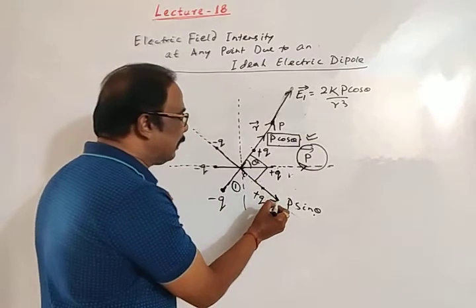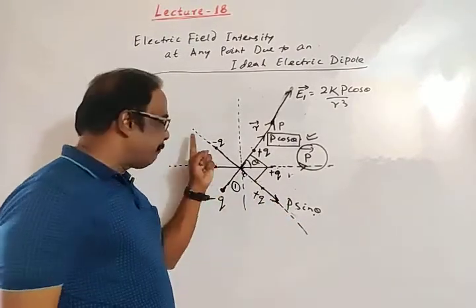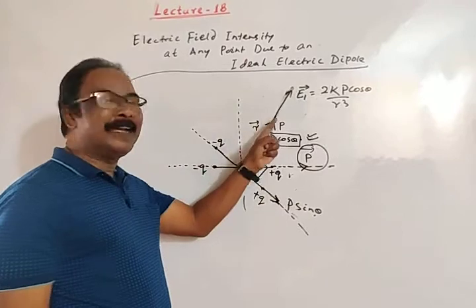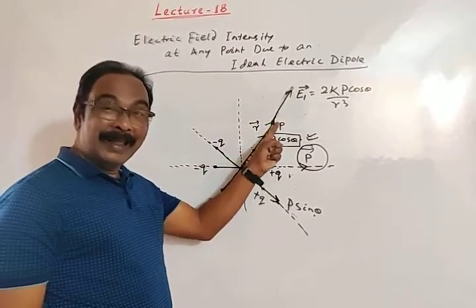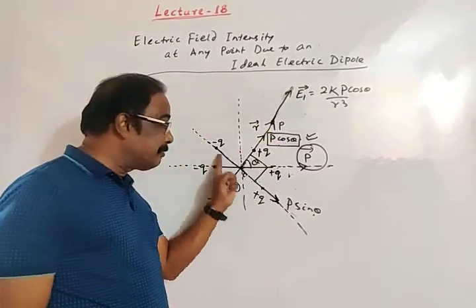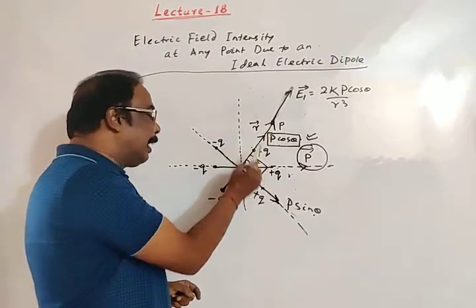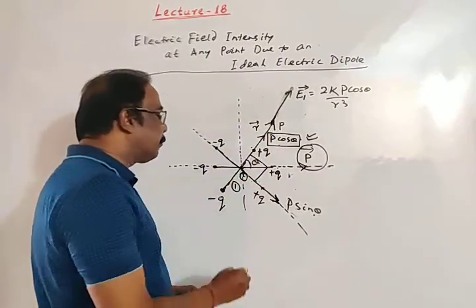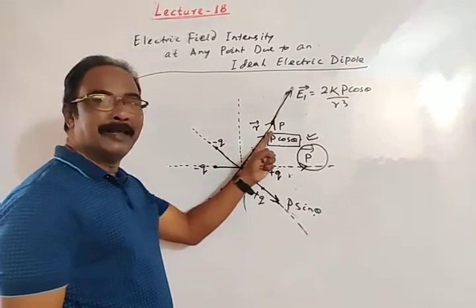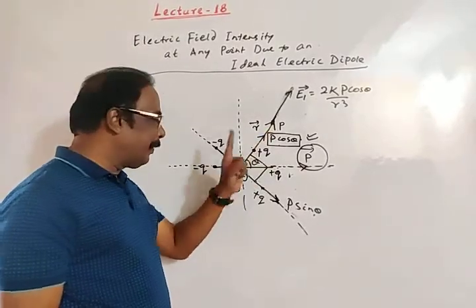This is the axial line. So for this dipole, point P is on the equatorial line, because this line is perpendicular to the axial line and passes through the center of the dipole. So this is any point on the equatorial line.